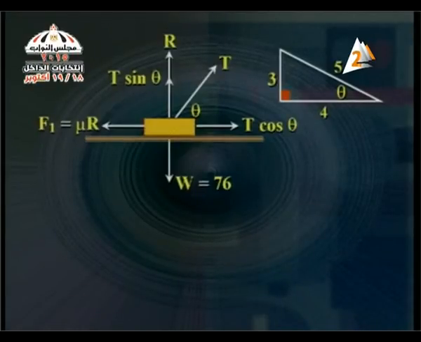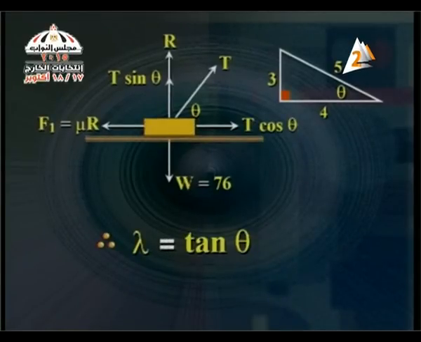In the horizontal direction, T cosine theta is to the right and F1, which is mu R, is to the left. And in this triangle, the opposite is 3 and the adjacent is 4, then the hypotenuse is 5, and so we can find sine theta equals 3/5 and cosine theta equals 4/5.